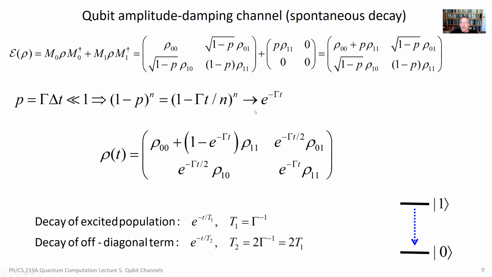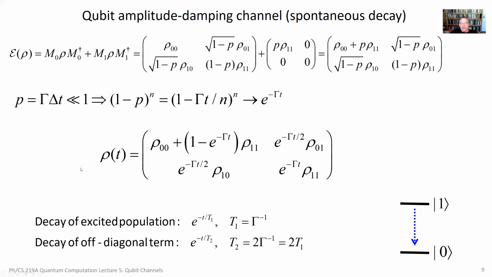And that same remark I just made in reference to the 1,1 component of the density operator applies just as well to the off-diagonal ones, except now we get a square root of 1 minus p raised to the nth power. That's just the square root of the suppression factor that we have for the 1,1 component.